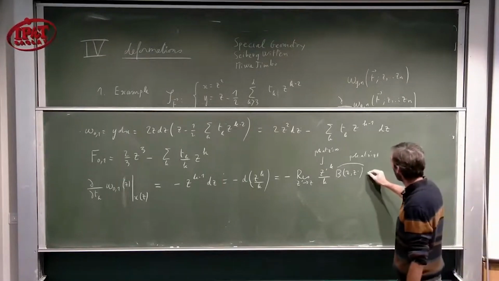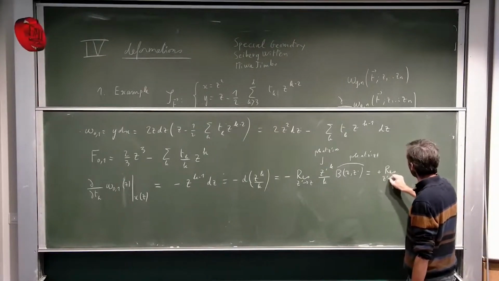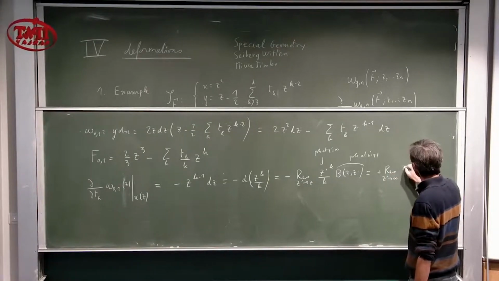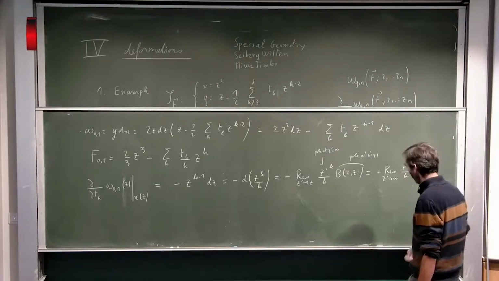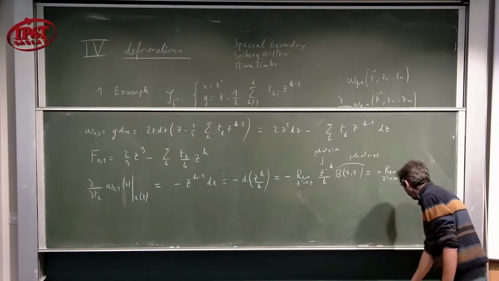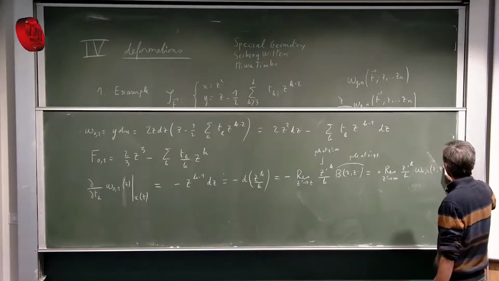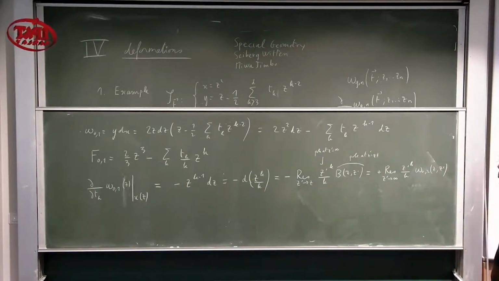So this is plus the residue at z' goes to infinity of z'^k over k times y(z') dz', and let me write it now as ω_{0,2} of z'.